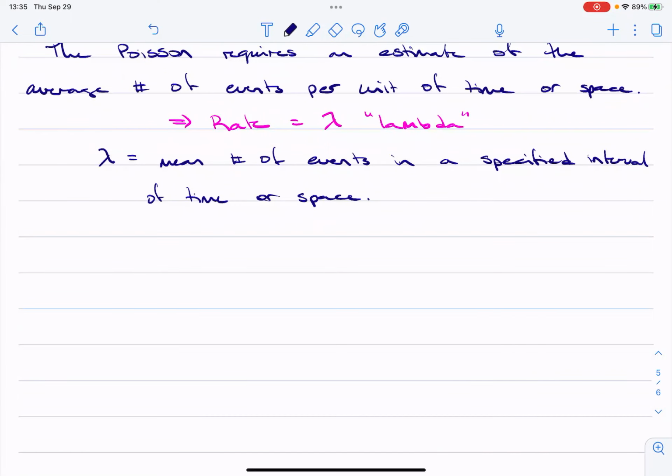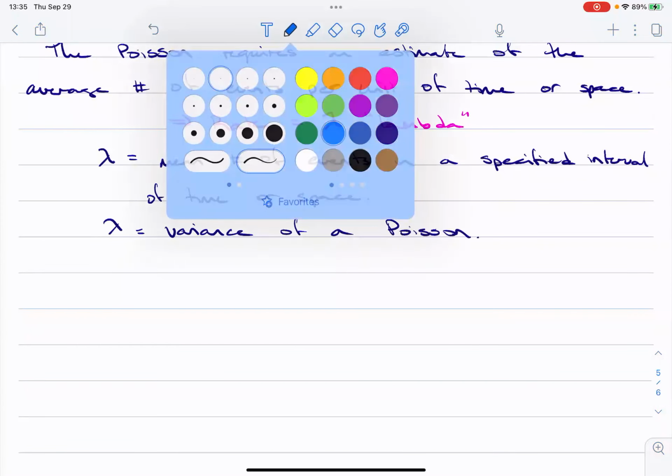What's kind of cool is that lambda is also the variance of a Poisson. So lambda is both the mean and the variance, which is kind of wild.